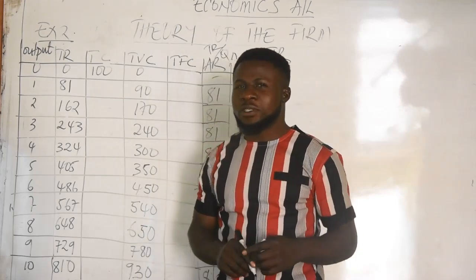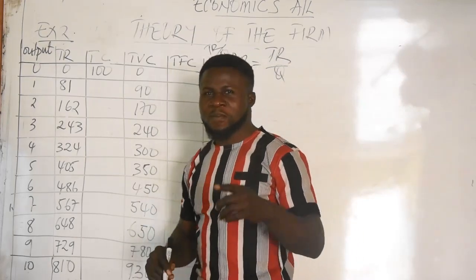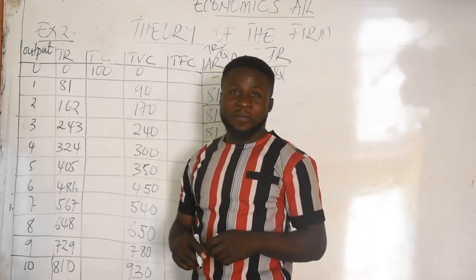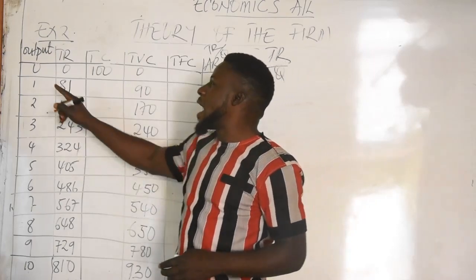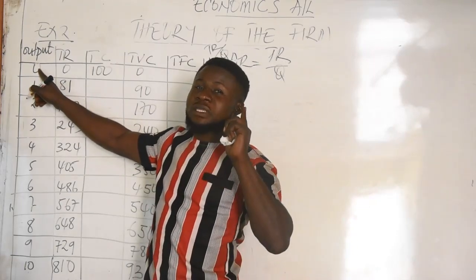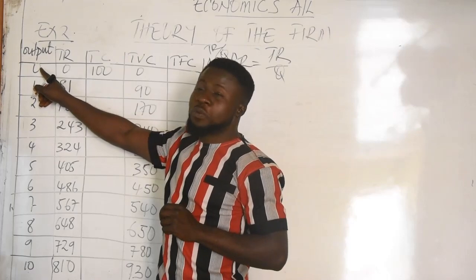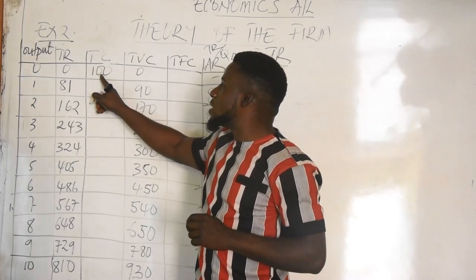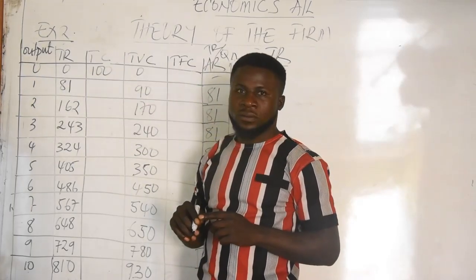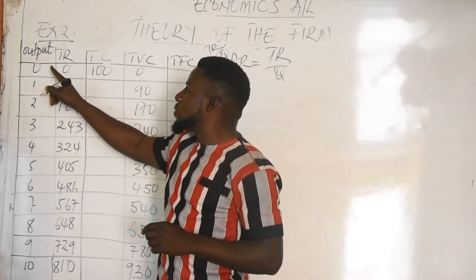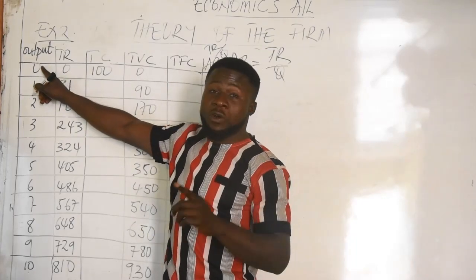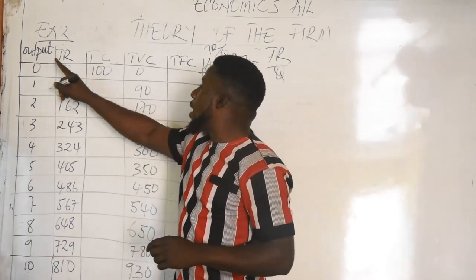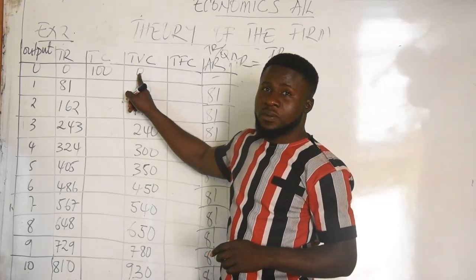But total fixed cost is on the board. Who can see it? Total fixed cost is already there. How do we know that? Remember our first lesson, I said that when output is 0, total cost is equal to total fixed cost, and total variable cost will also be 0.